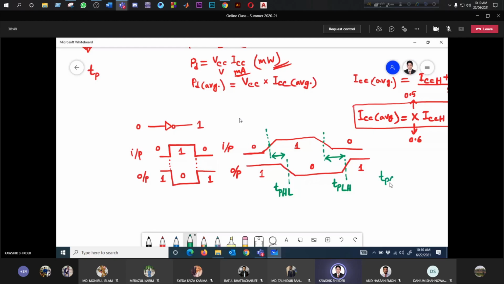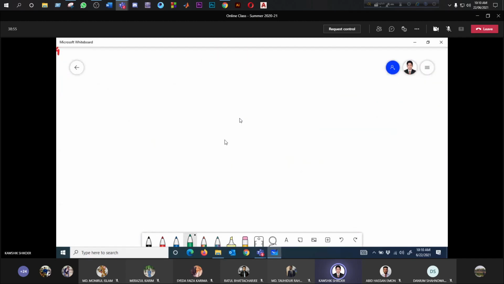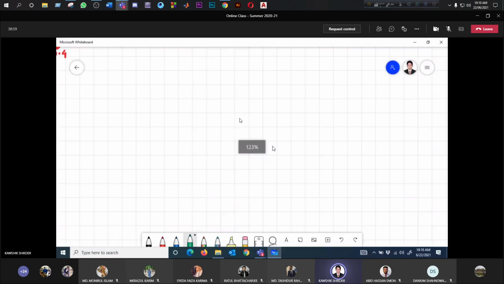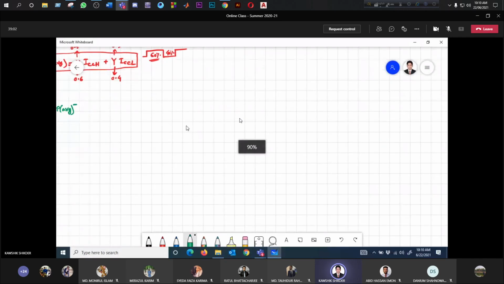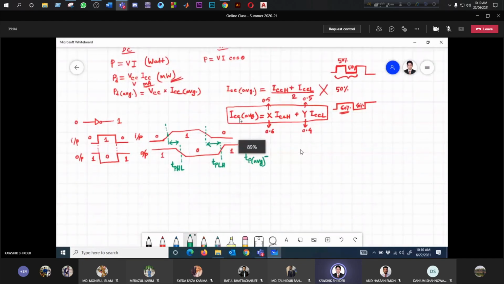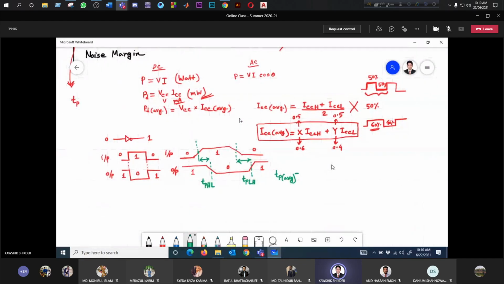So the equation for TP average, that means average propagation delay, is TP H to L plus TP L to H divided by 2.